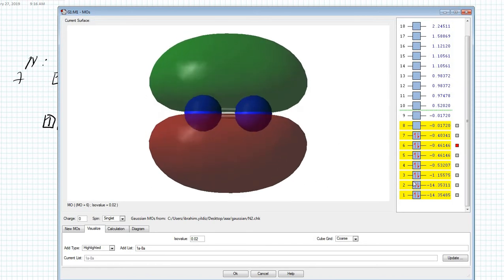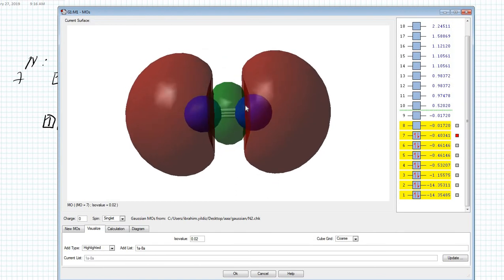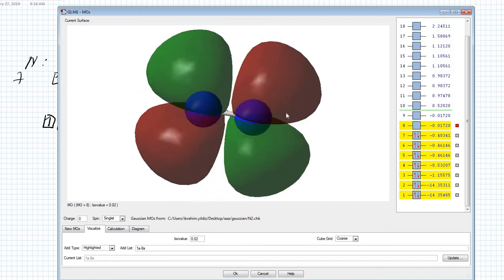Another pi bonding molecular orbital, and this is sigma bonding molecular orbital as a result of overlapping of 2p orbital of this nitrogen and 2p orbital of that nitrogen along their nuclear axis. And we can show here an anti-bonding molecular orbital.